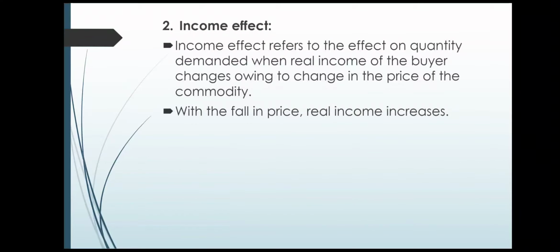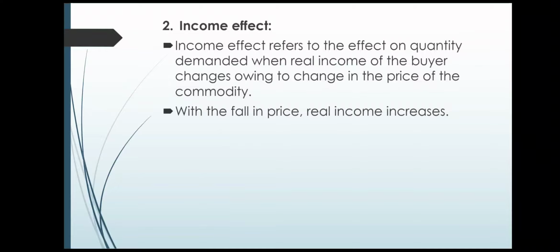The second point is income effect. Income effect refers to the effect on quantity demanded when real income of the buyer changes owing to change in the price of the commodity. With the fall in price, real income increases. Now this term real income means the purchasing power of an individual.